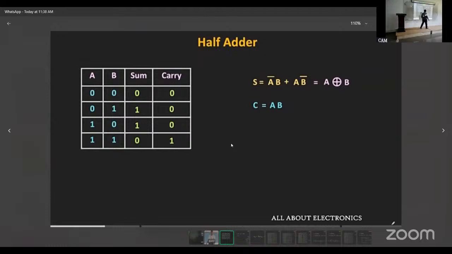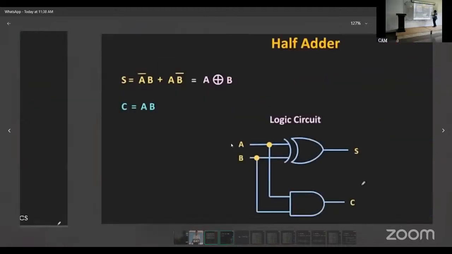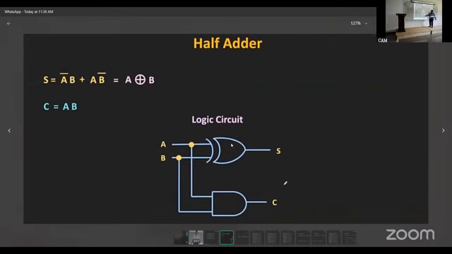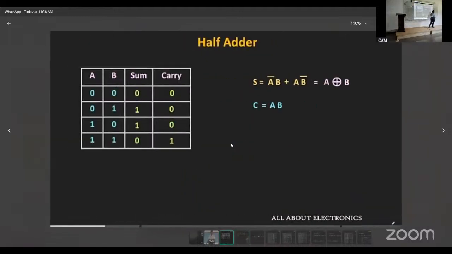Okay, see here. Whatever I have written, that equation is matched with this.